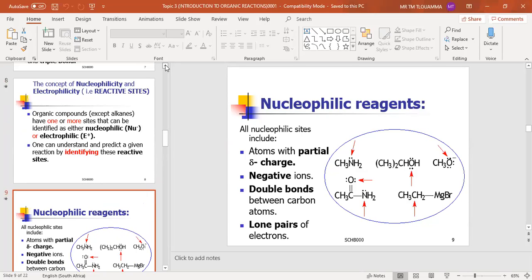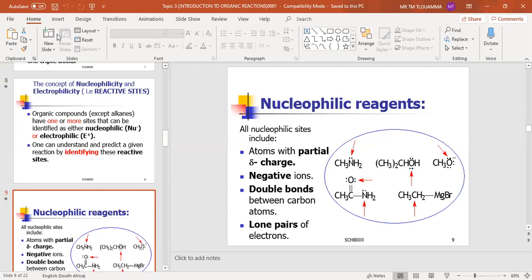Of donating the electrons, right? All atoms with a partial negative charge are denoted by nucleophilic. Negative ions, the double bonds between the carbon atoms, and also the lone pairs of electrons.